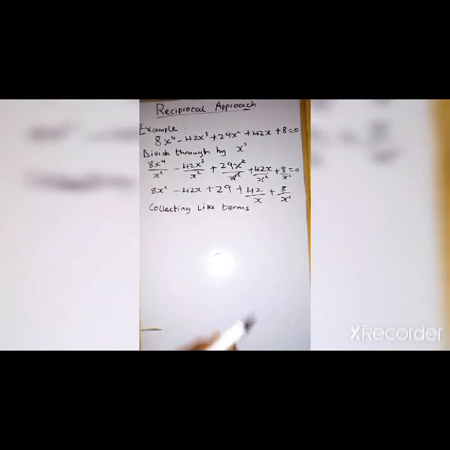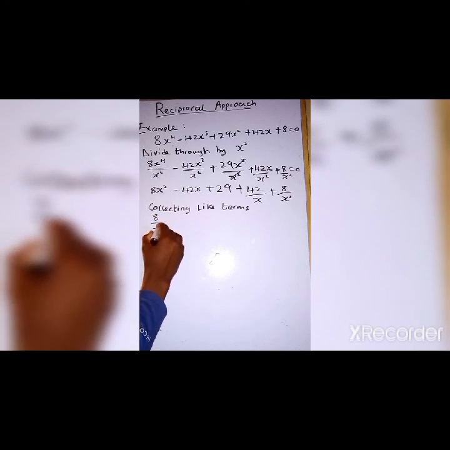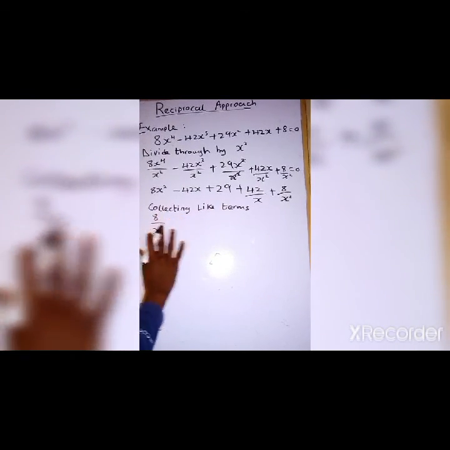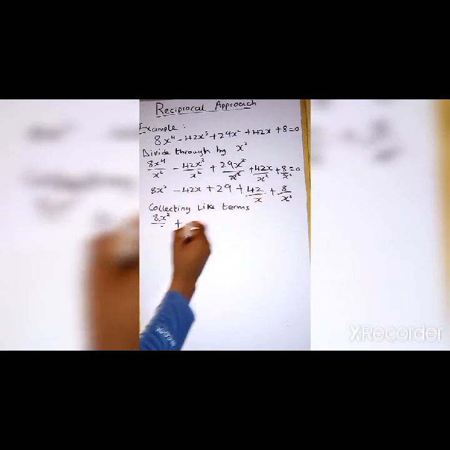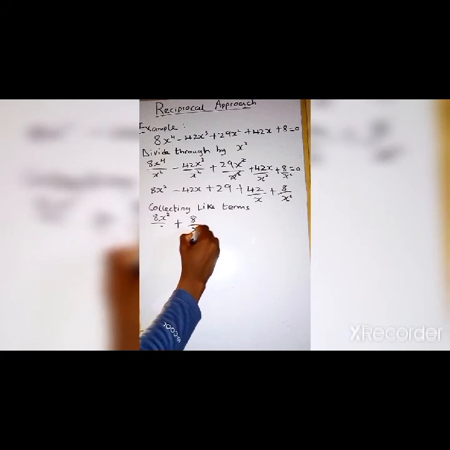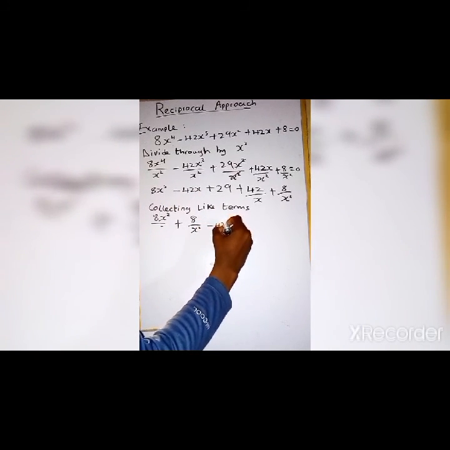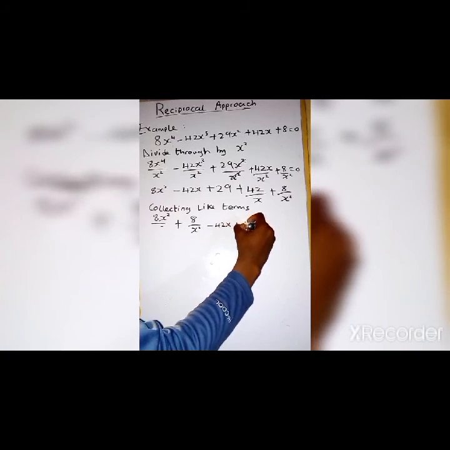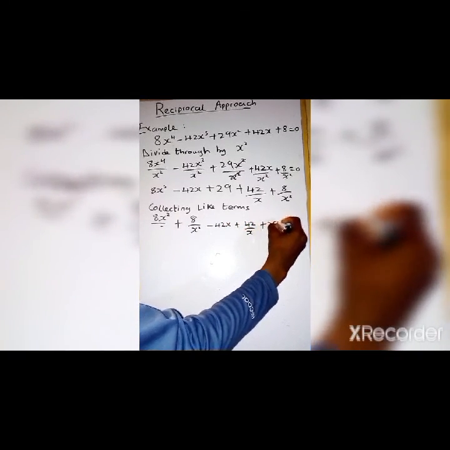We have x squared here, we have x squared here. So we have 8x squared plus 8 over x squared, minus 42x plus 42 over x, plus 29.